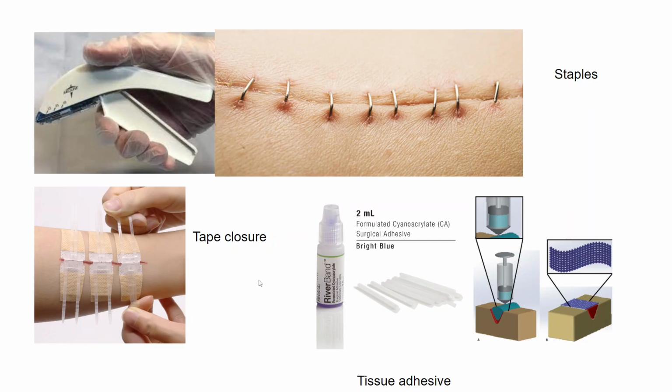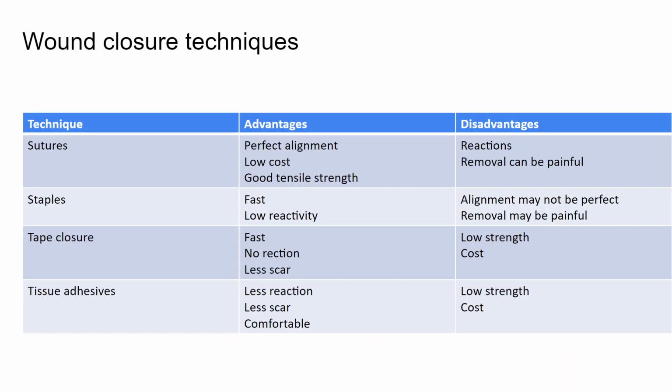The advantage of these is comparatively lesser, or maybe the only advantage is the technology used here, and the scar would be comparatively lesser compared to the suture materials. Now, with threads and other suturing materials, the advantages are that the technique is simple, it gives good tensile strength, and it also produces perfect alignment.